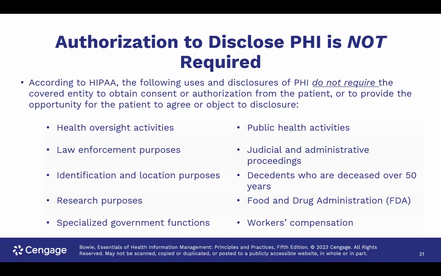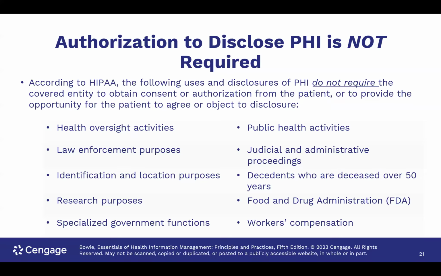Now, again, we don't need authorizations for all disclosures of PHI, as you can see here. Health oversight, whether it's quality improvement, regulation, accreditation, or licensing, may require access to PHI. That is okay.